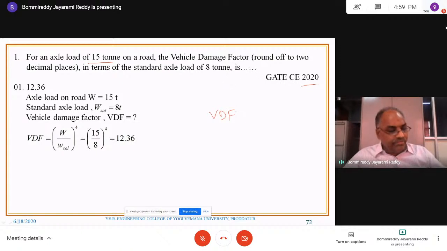The VDF value will be equal to the actual load divided by the standard load. The formula is already there, the whole power 4. You know this formula. (W by W standard) whole power 4, and 12.36 is the answer. It's a very recent question in the examination.